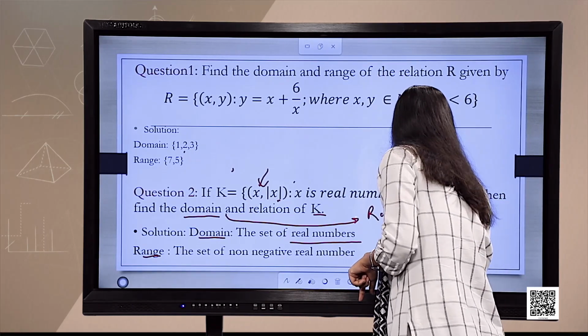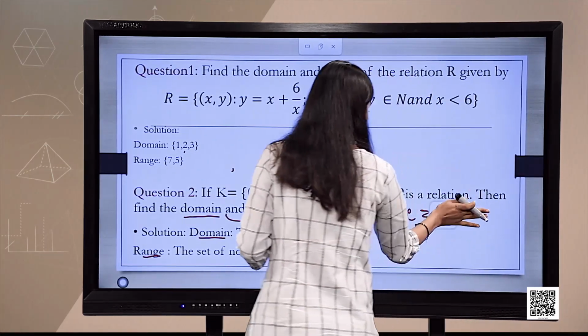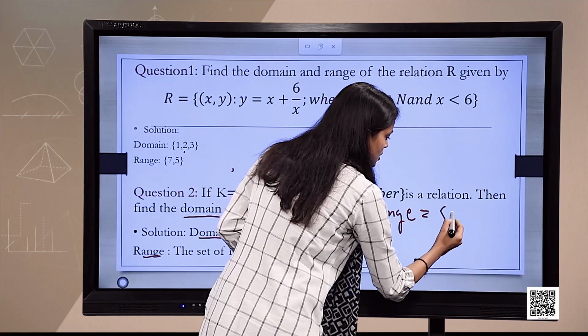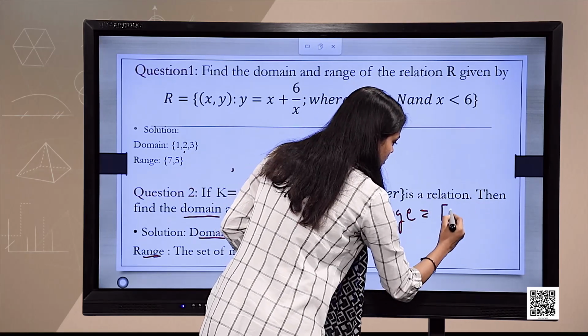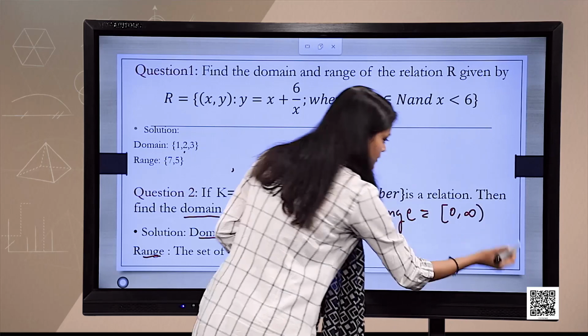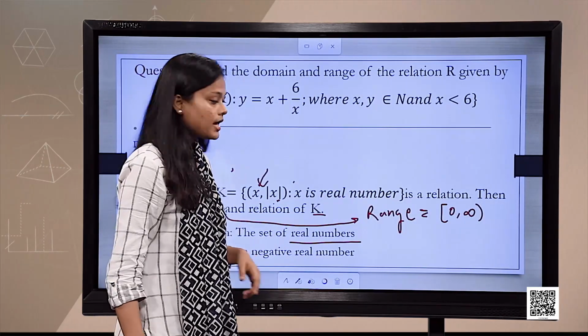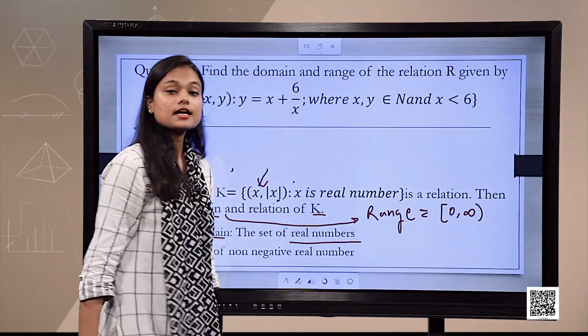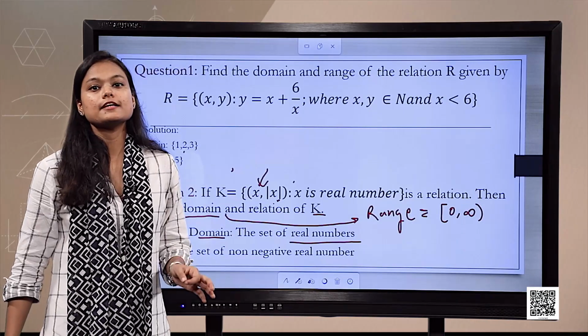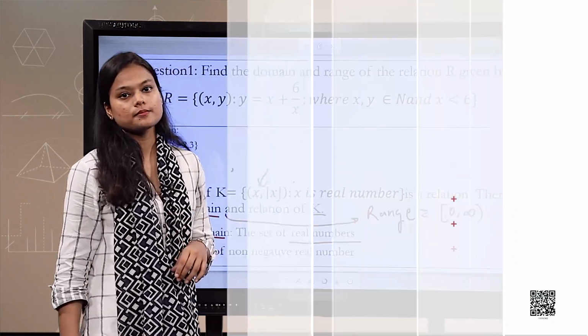So, the range becomes 0 till infinity, and this is representing the set of all non-negative real numbers.